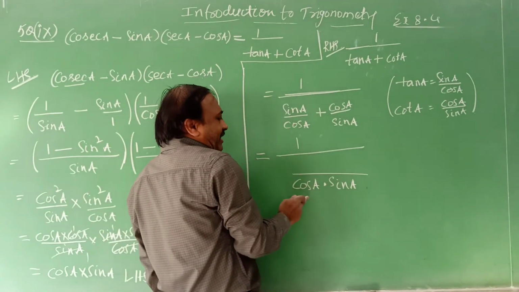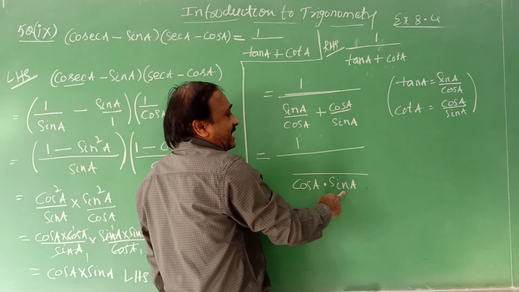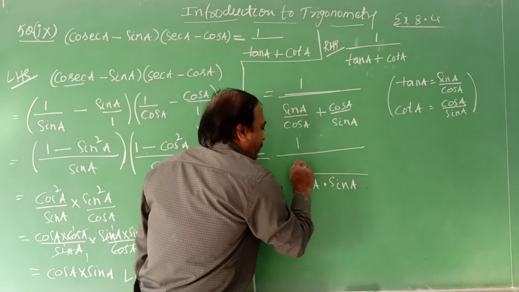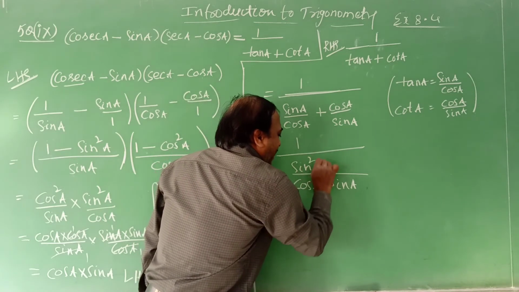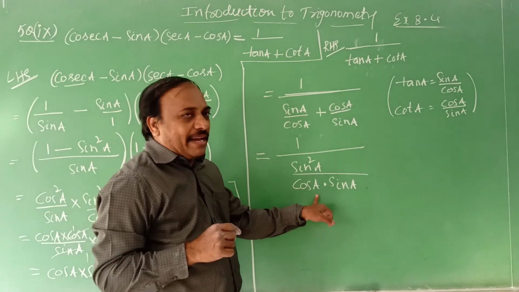Now, if you divide with cos A, the quotient left over will be sin A. Cos A gets cancelled. Sin A into sin A, sin square A. Do you observe? Cos A gets cancelled. This is the LCM.